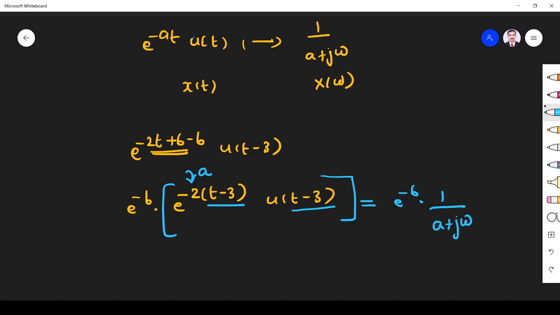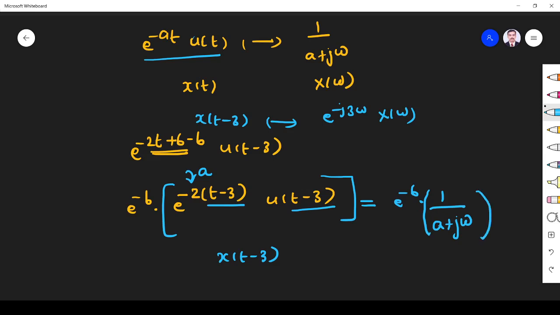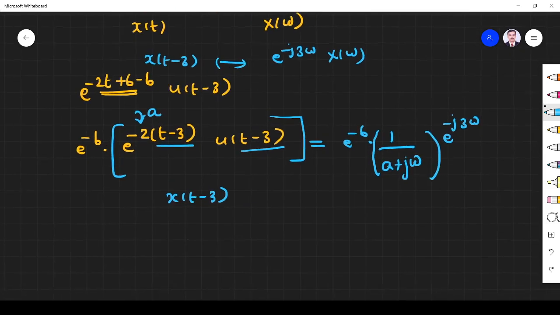This is nothing but x of t minus 3. I write it here itself. x of t minus 3 will give the Fourier transform e power minus j3 omega into x of omega. So this is my x of omega, and that must be multiplied by e power minus j3 omega. That's it, very simple.